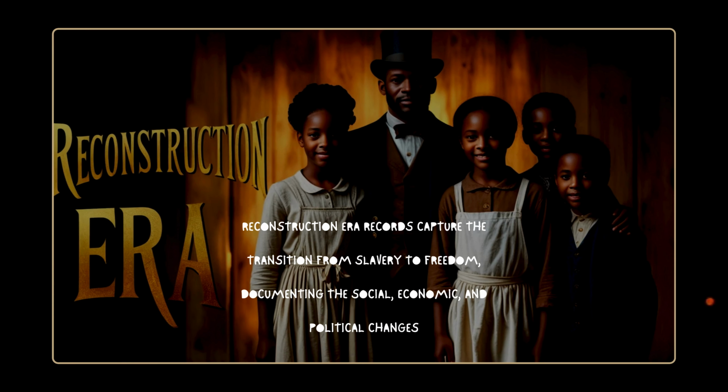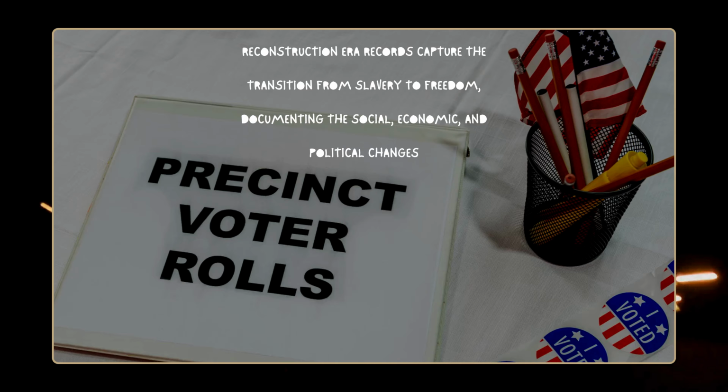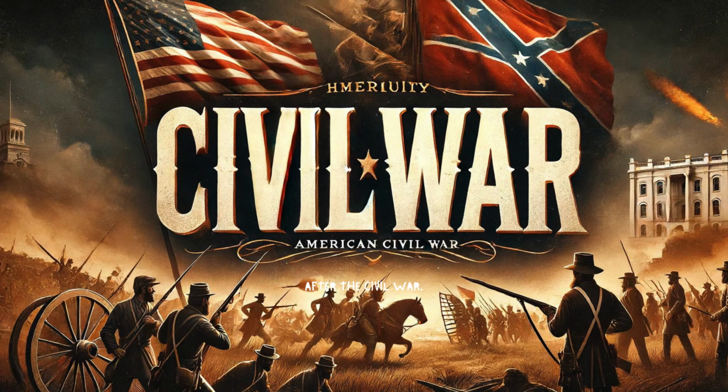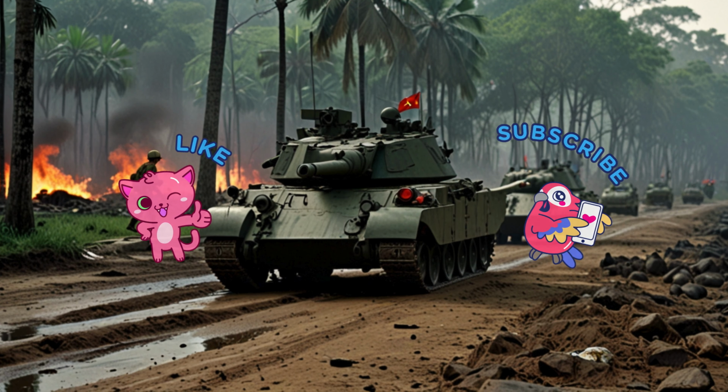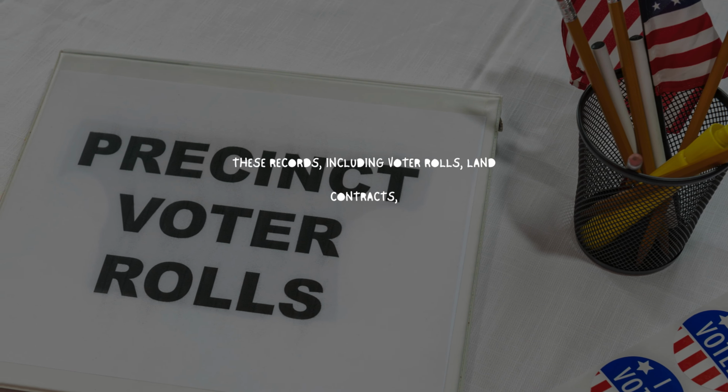Reconstruction-era records capture the transition from slavery to freedom, documenting the social, economic, and political changes that shaped African American lives after the Civil War. These records, including voter rolls, land contracts, and court filings, detail civic participation, property ownership, and legal disputes.